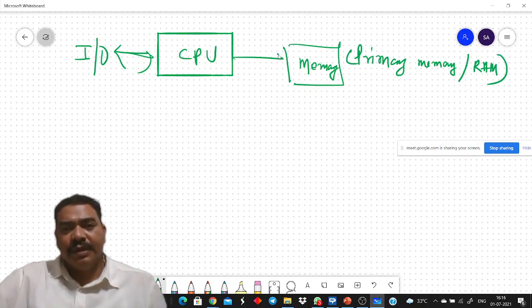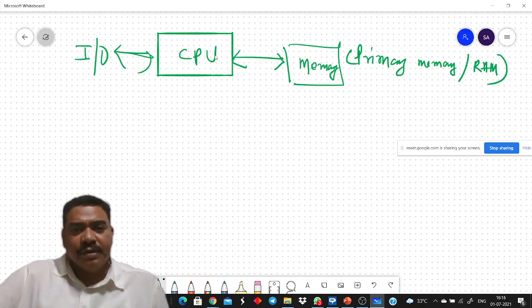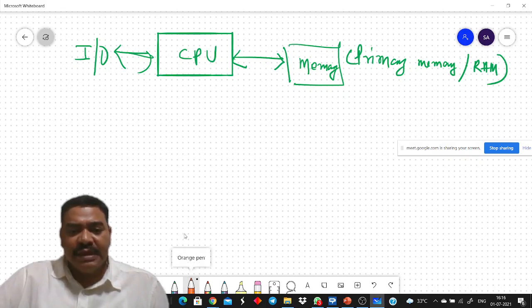Apart from this primary memory, inside the CPU some special purpose registers are present.